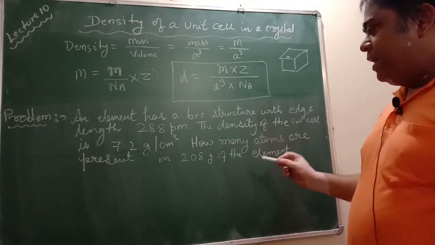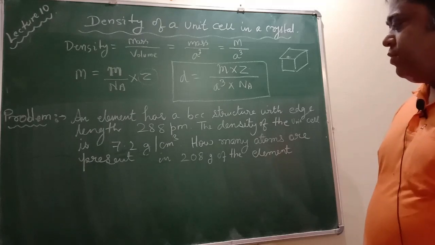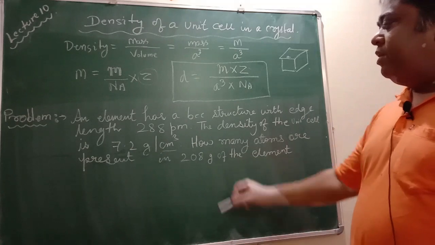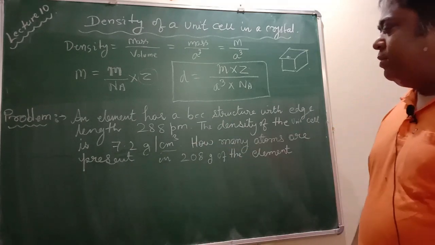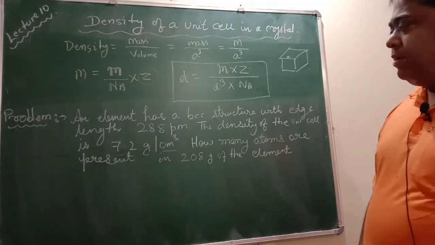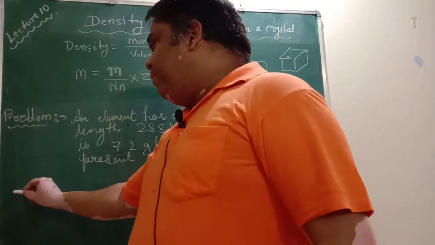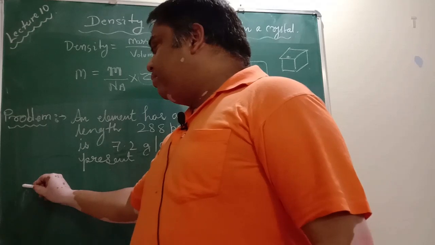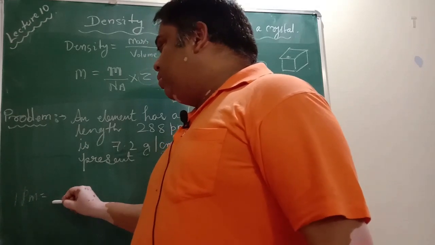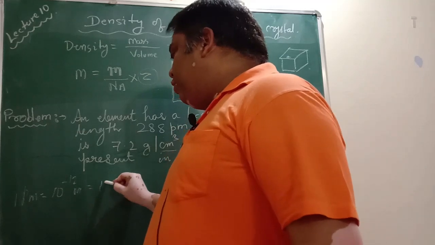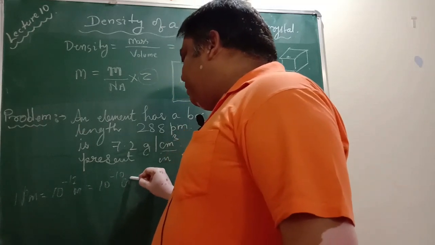In this kind of problem, first of all we have to see that density is given in centimeter cube and edge length is given in picometer. So we will convert picometer into centimeter. We know that 1 picometer is equal to 10 to the power minus 12 meter or 10 to the power minus 10 centimeter.